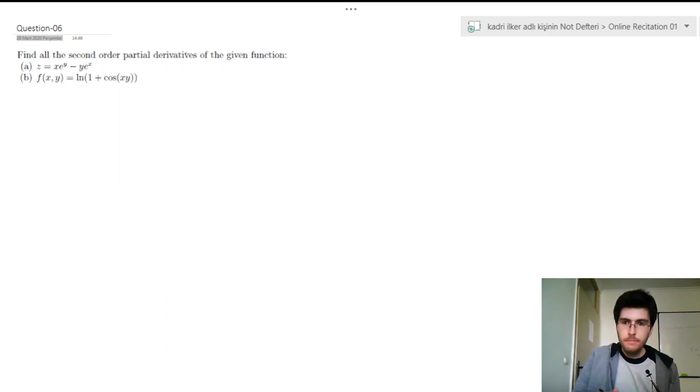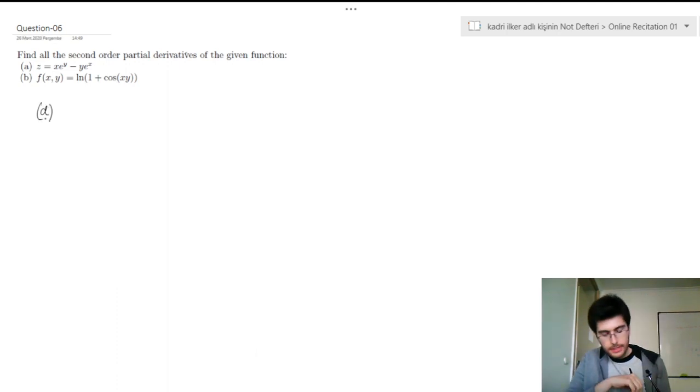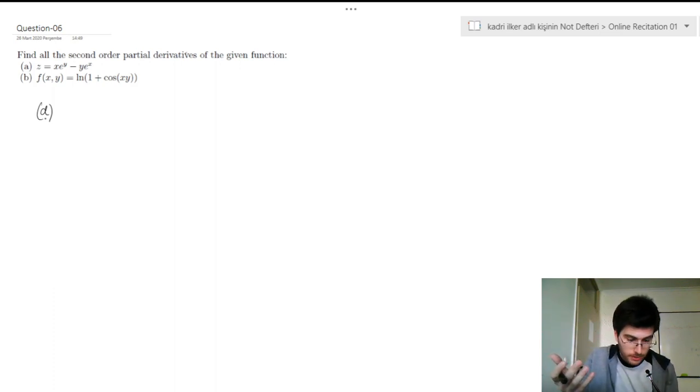Now this is easy. I can easily deal with this, I guess. So let's see quickly. We are going to compute all second order partial derivatives of the given function. Well, this is easy, right?